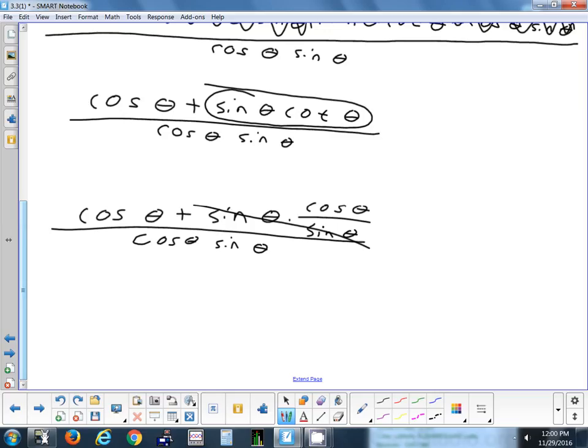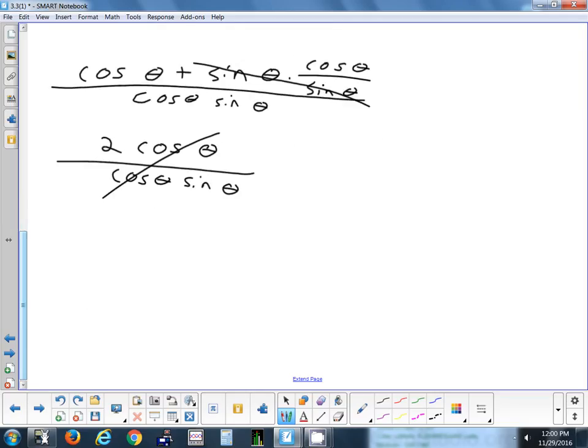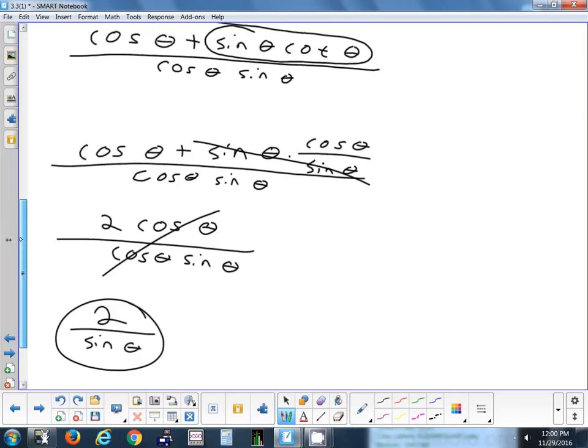Cosine plus cosine is 2 cosine. What's in the bottom? Cosine times sine. Anything else that cancels? Cosines. And what are you left with? 2 over sine. Okay, that one is more of a hard one. That's as hard as we get.